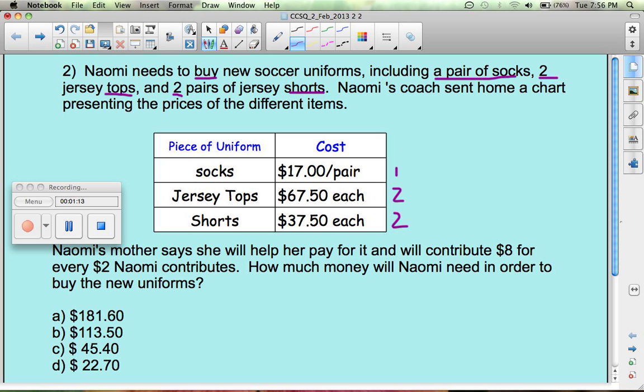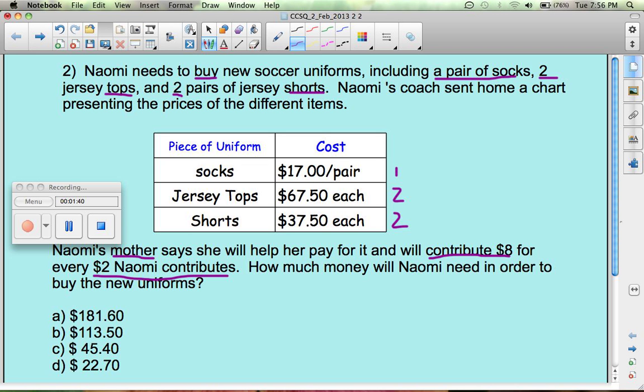And for our intents and purposes right now, what we want to do when we read a problem, we want to use math sense, and we want to try and eliminate any unreasonable answers right off the bat. So what is the question asking? It says Naomi's mother will contribute $8. So I'm going to underline mother, contribute $8 for every $2 Naomi contributes.